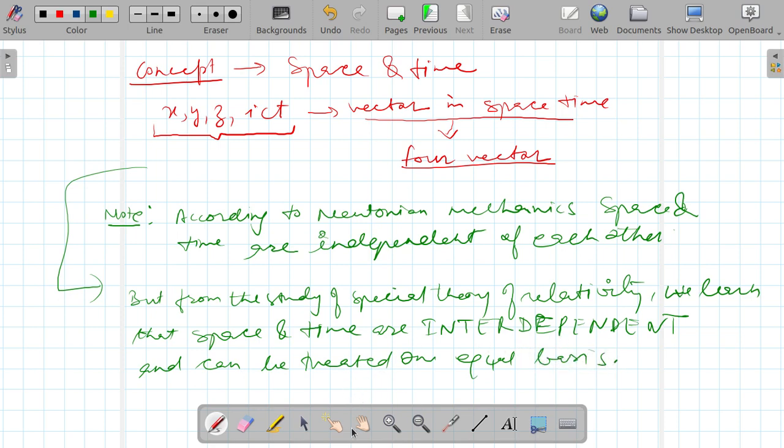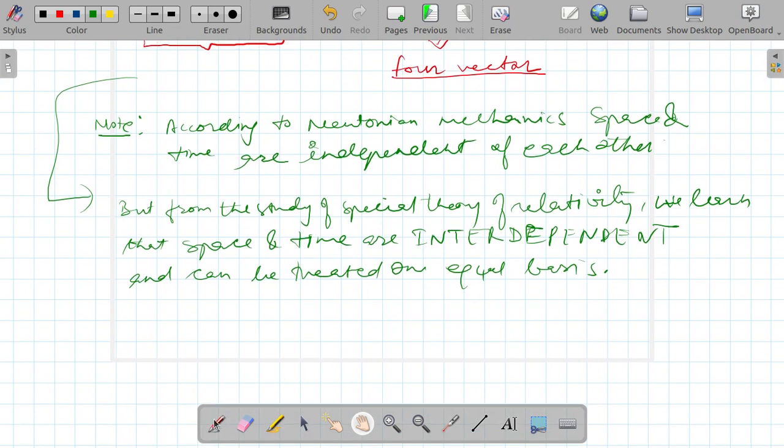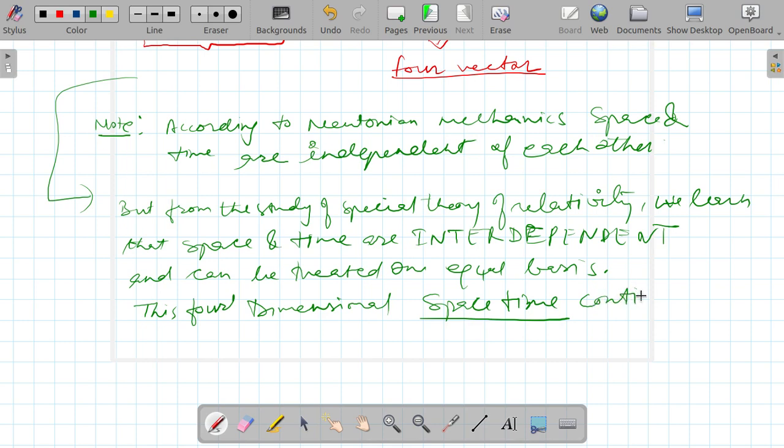And this four-dimensional space-time continuum is known as Minkowski space.